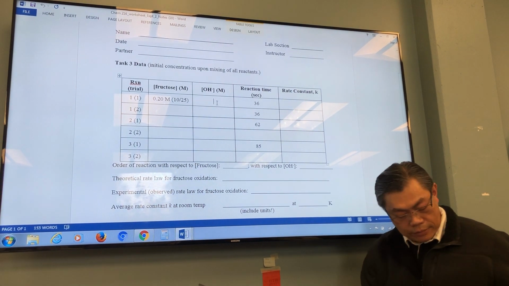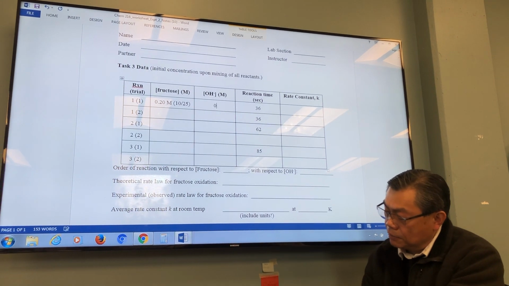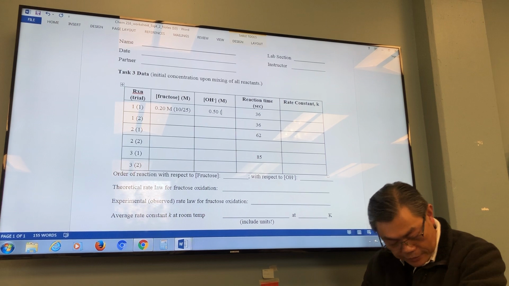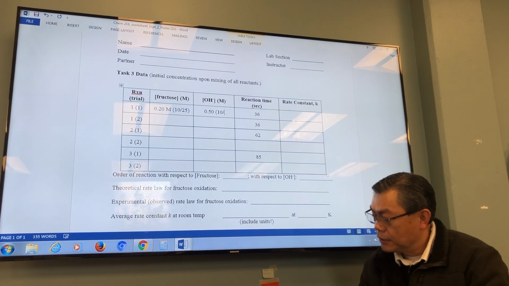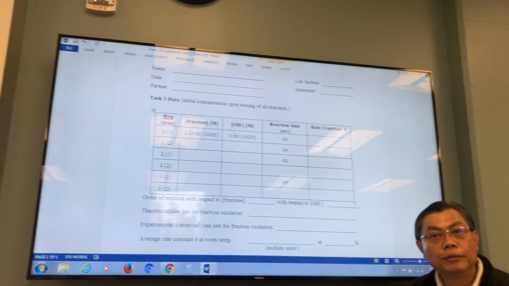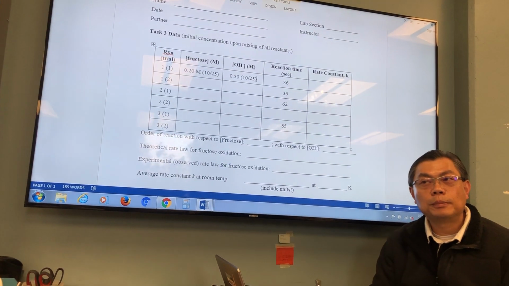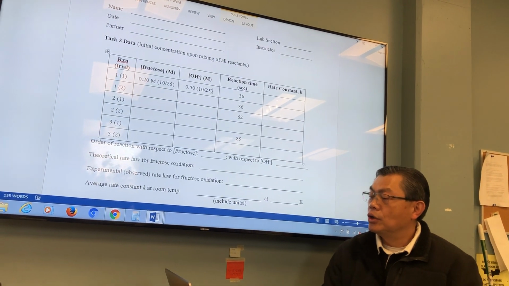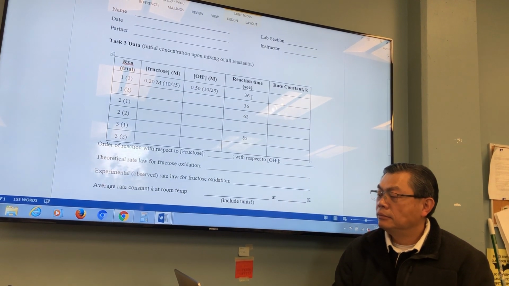So what about this one? This one, you will do 0.505 times what? Same thing. We get the answer, and so on. What about the time?